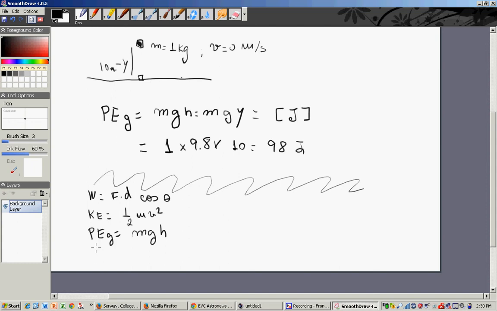Gravitational potential energy. Always vertical displacement. And the net work done on a system is equal to the change in kinetic energy of that system.